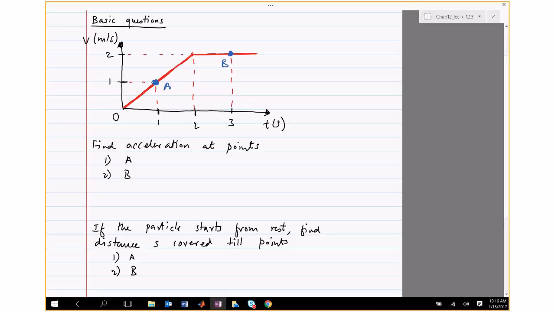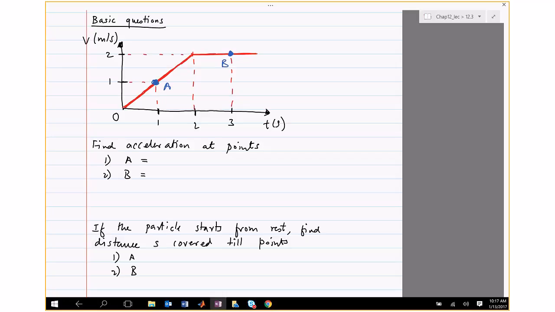Why don't you try to figure out the acceleration at point A and B? Are you guys trying?